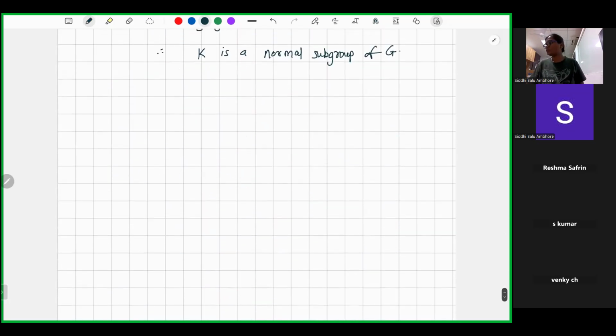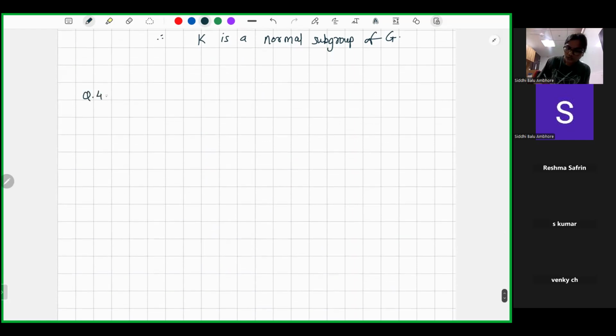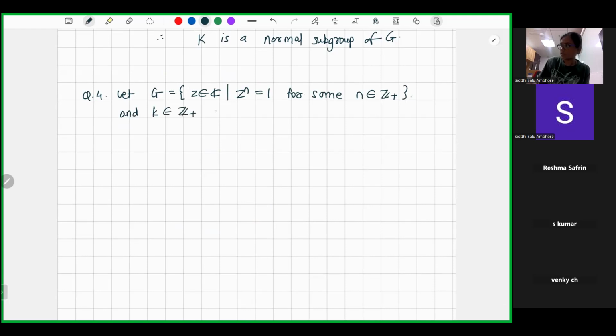Now, let us move to the next question. Question 4. Let G be the set of z belonging to C such that z power n is 1 for some n in Z plus, and k belongs to Z plus.